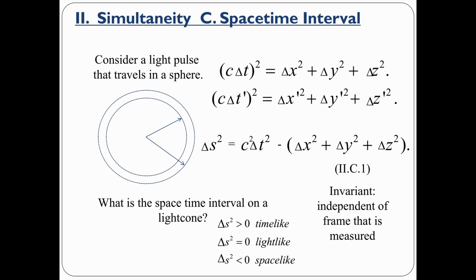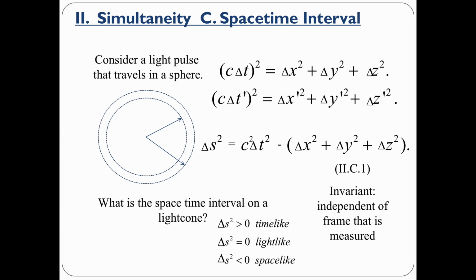It looks a little weird, I understand, but the neat thing about this is that this is conserved. This is the same whatever reference frame you're in. And that is c squared times delta t squared, so if you measure the time for two different events, minus that change in length, so delta x squared plus delta y squared plus delta z squared, that quantity, that delta s squared, is the same in every frame. It's invariant.